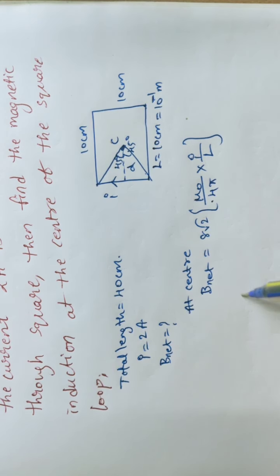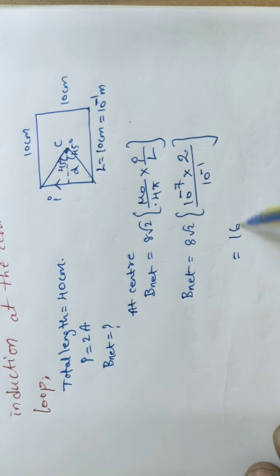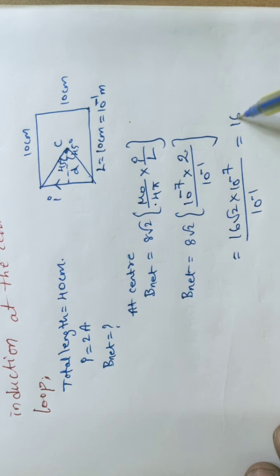So then B net, by simple calculations, is 8 root 2 into mu naught by 4 pi, which we know is 10 power minus 7, into I value 2, divided by 10 power minus 1. Observe carefully, students, in the next step we are getting 16 root 2 into 10 power minus 7 by 10 power minus 1. So this is 16 root 2 into 10 power minus 6 Tesla.